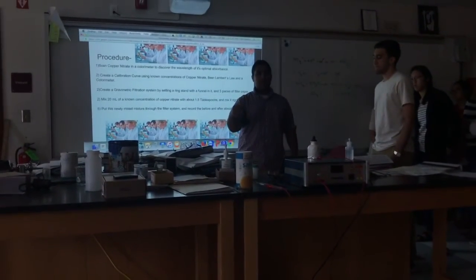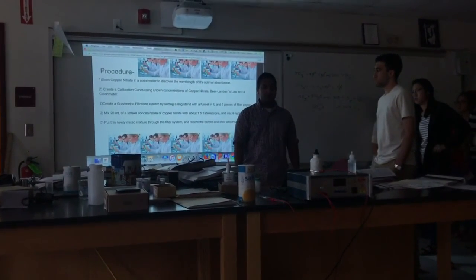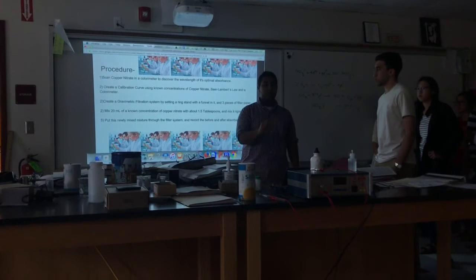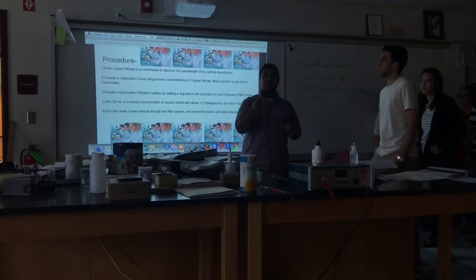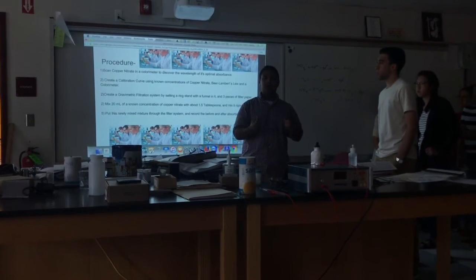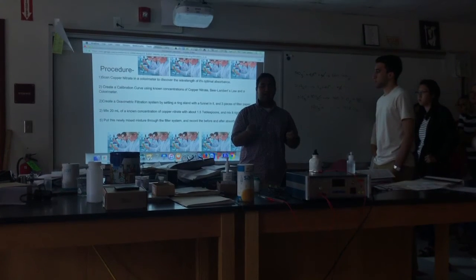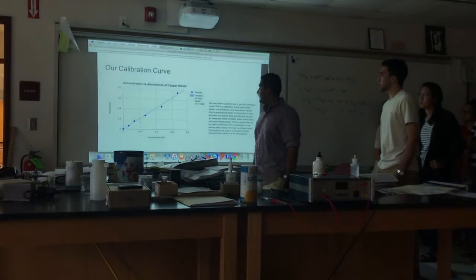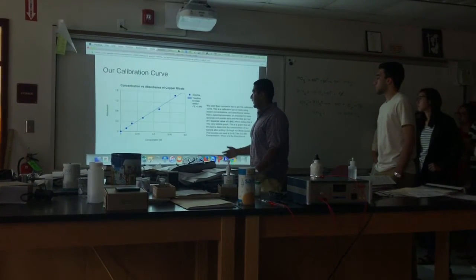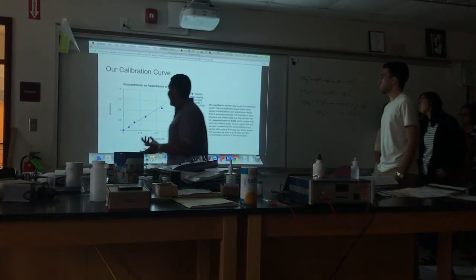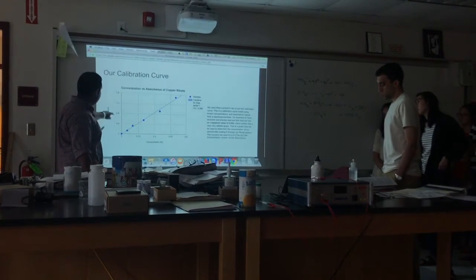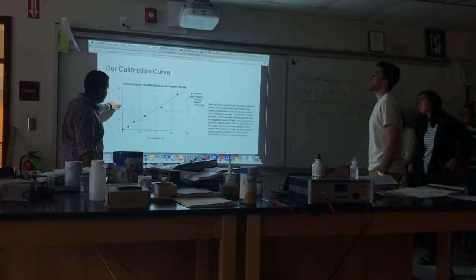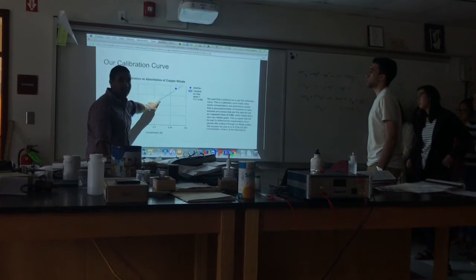Then we put that sample back into a spectrophotometer at 650 nanometers, which was what our optimal absorbance was at. And then we got a concentration using this very graph. Once we got our sample outside of the filter, we got its absorbance, and you can literally just take a line and find its ending concentration.